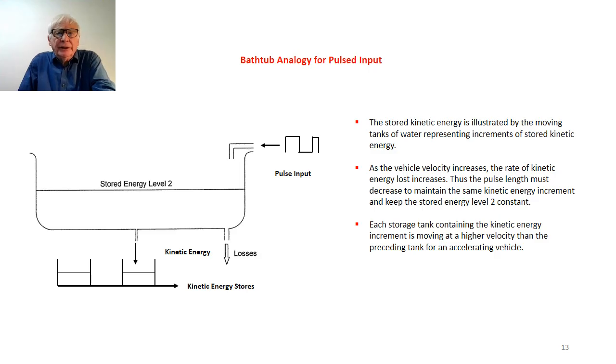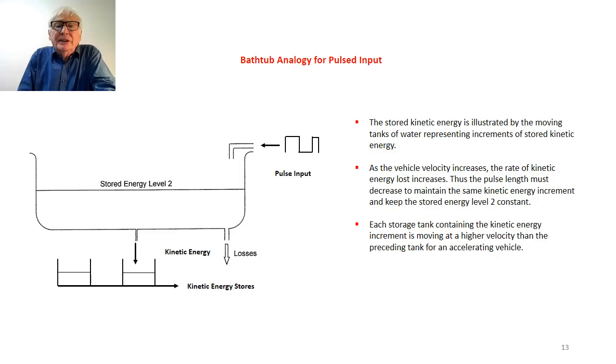So we'll try and illustrate what we've been talking about with pulsed input by reverting back to our bathtub analogy. And here we have the kinetic energy which is being stored in the vehicle as the vehicle accelerates.